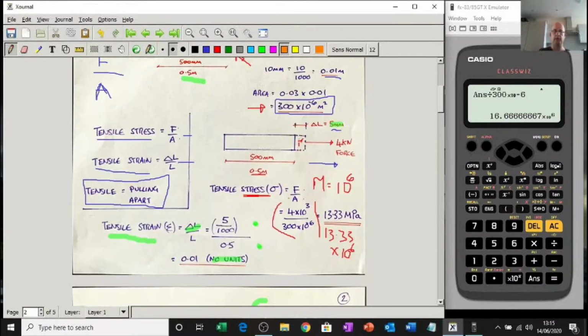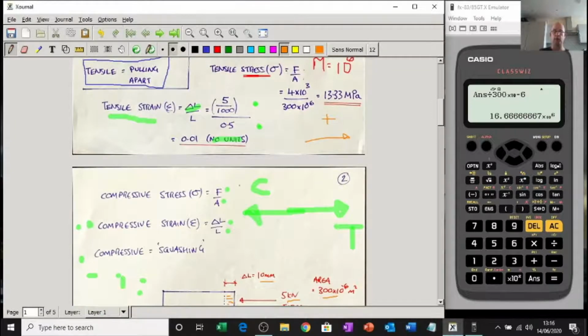Now, if you're wondering, when we go a bit further, to differentiate between compressive and tension stress, tensile stress is positive. So if we were going to add these up, we would put a plus in front of this because it's tension, it's getting bigger, it's going in that direction, which we call plus, and compression's going that way, so we'd call it minus.